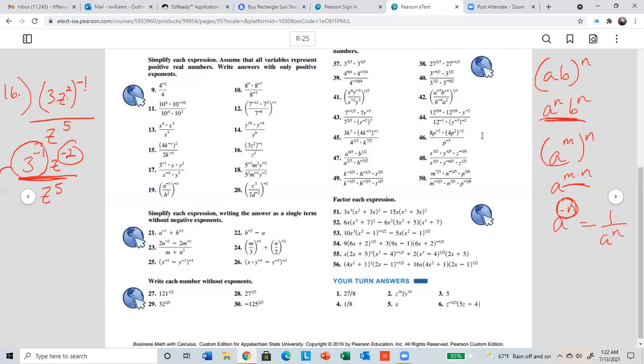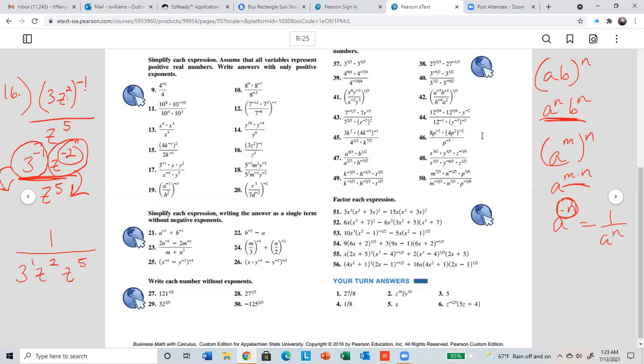I'm going to take this and flip it down. I'm going to take this and also flip it down. The one thing that I am not going to touch, however, is the z to the 5th. It is a positive exponent. It's going to stay exactly where it's at. So when I flip the 3 to the -1 and z to the -2 to the bottom, I'm left with a 1 on top.